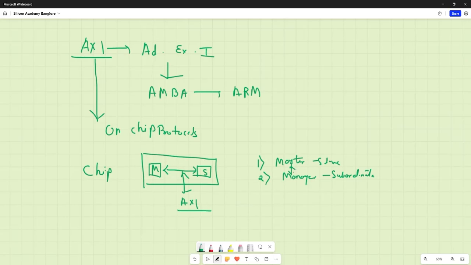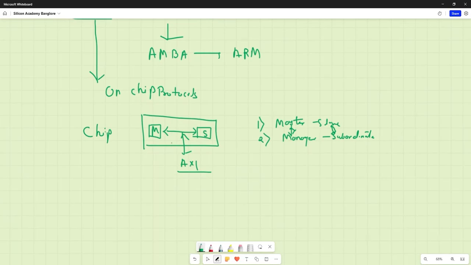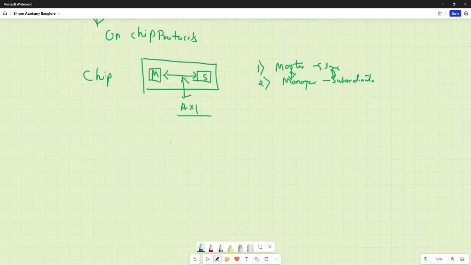Master directly means manager in the new specification, and slave directly means subordinate. So AXI is an on-chip protocol through which multiple devices within a chip can interact with each other using the rules of AXI.